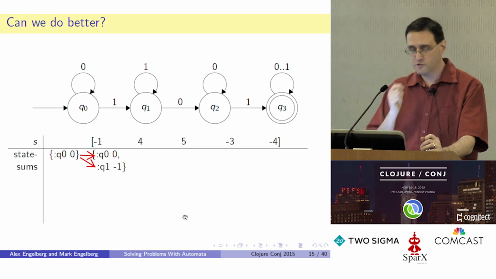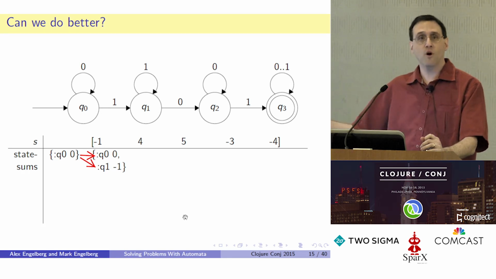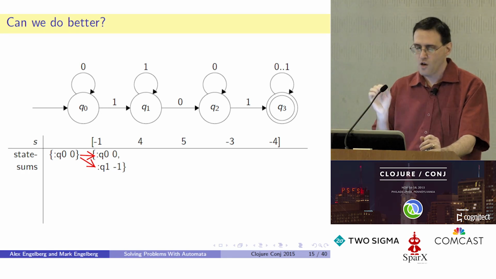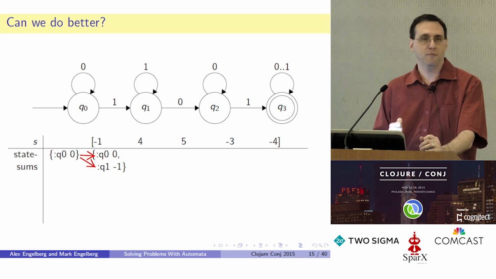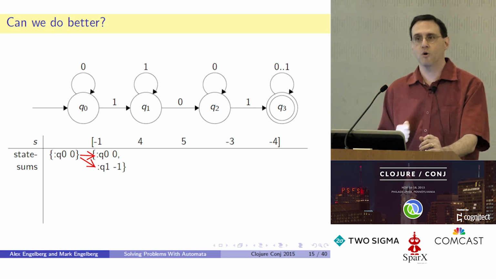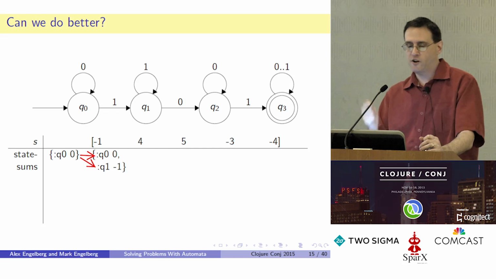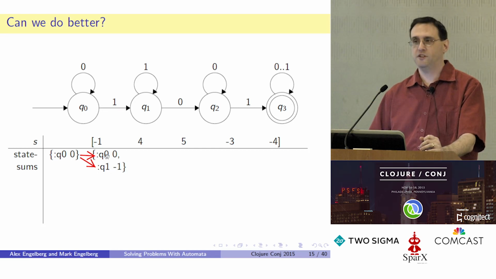Now for this first number, as we're making one pass through the sequence, we consider both possibilities for the bitmask. It could be 0 or 1. If it were the 0, we would end up in state Q0 with a sum of 0. And if it were 1, we'd end up in state Q1 with a sum of -1.